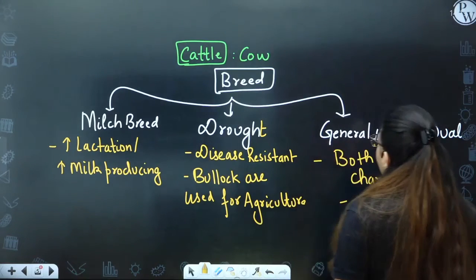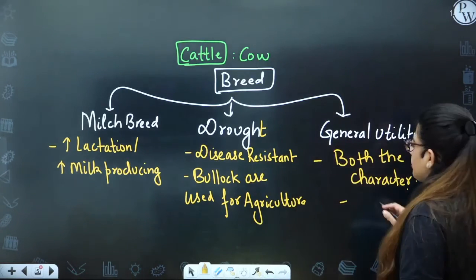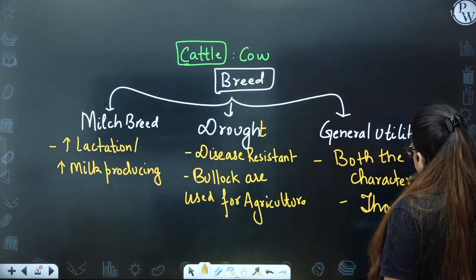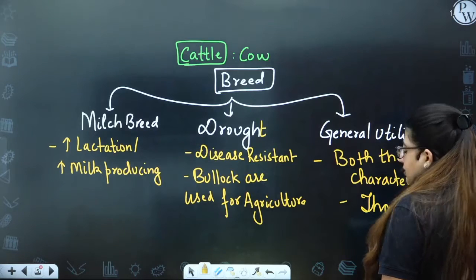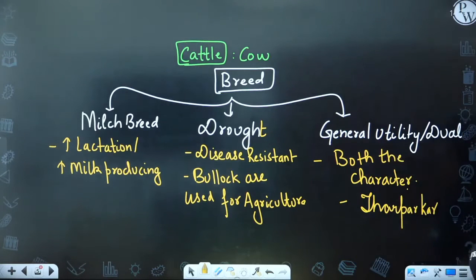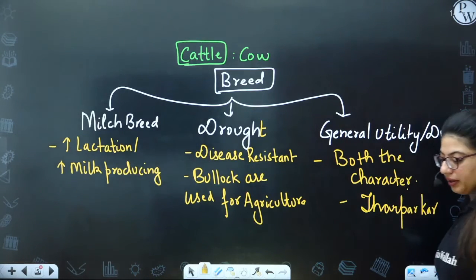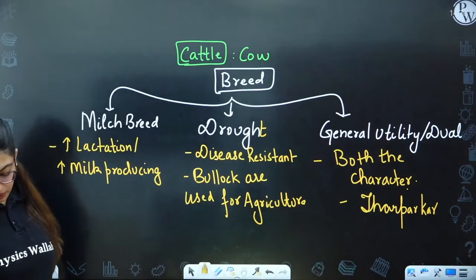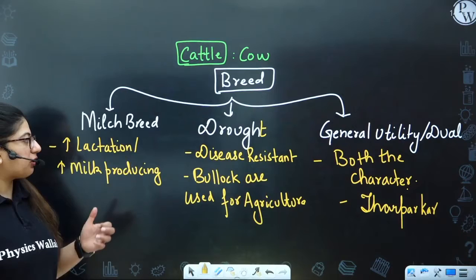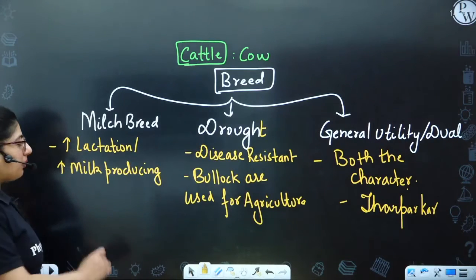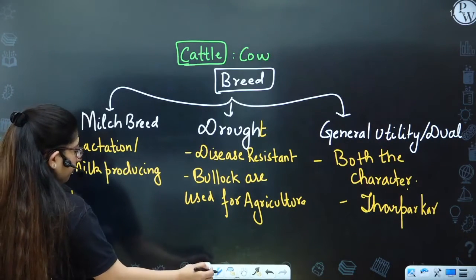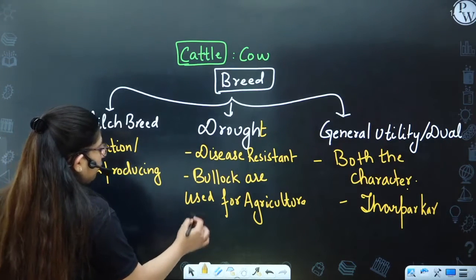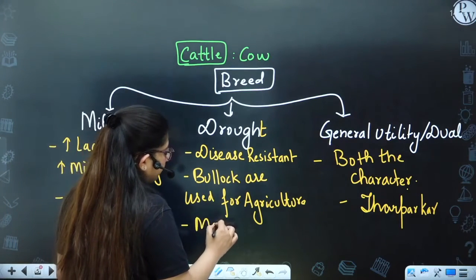The example of general utility is Tharparkar. If I talk about the milch breed, the example is Gir, and the example of the draught breed is Malvi.